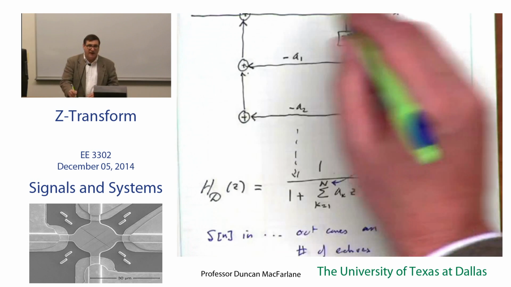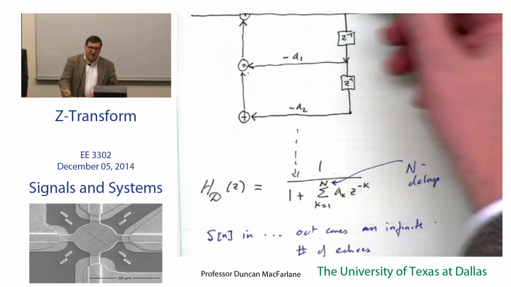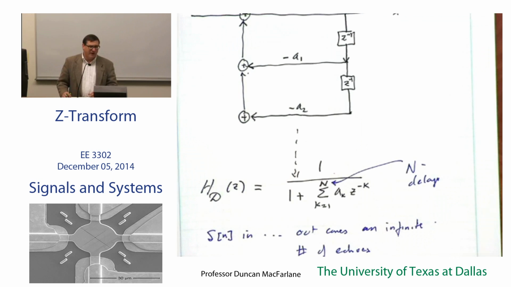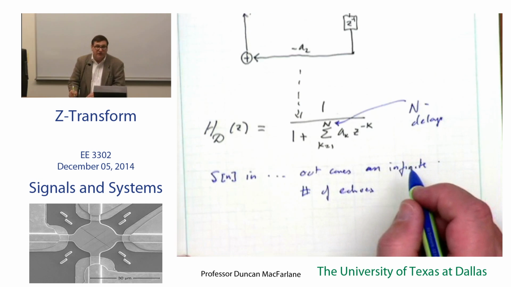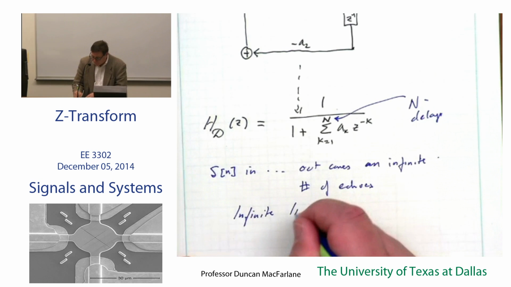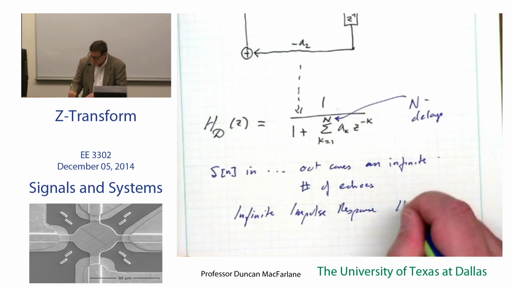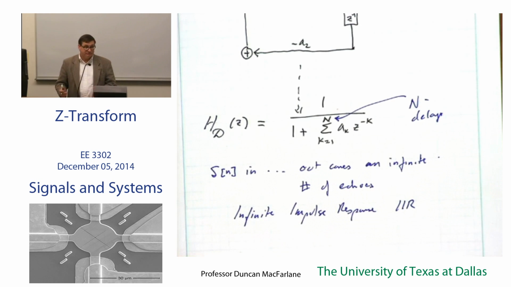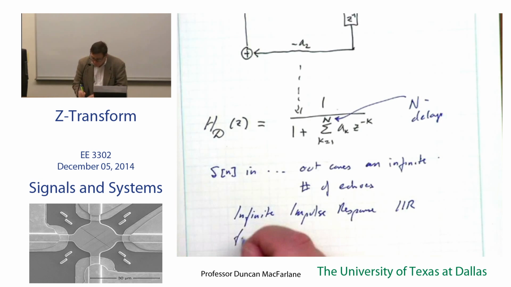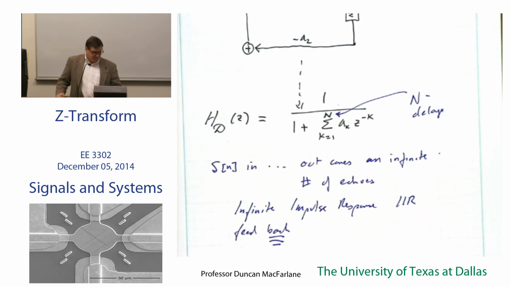And so a single input will give rise to a steady, infinite number of echoes. And so because of that, we call this not a finite impulse response, but we call this an infinite impulse response filter system. And it's because of the feedback structure. So it's not a feed forward, it's a feedback structure.